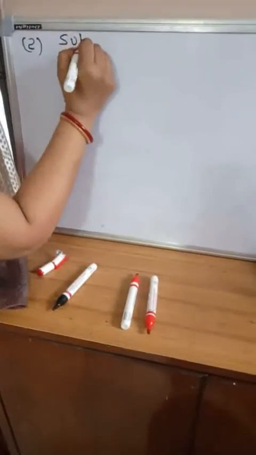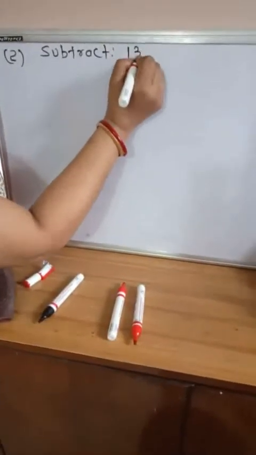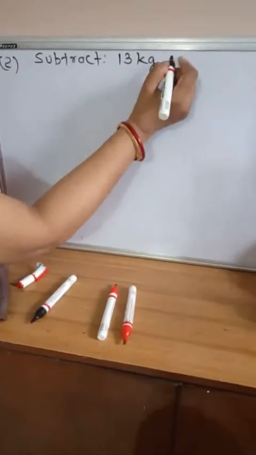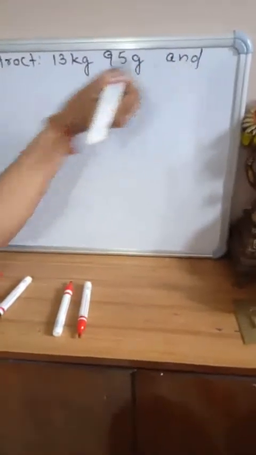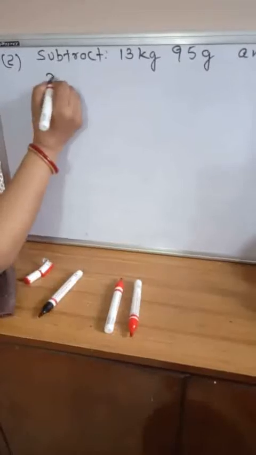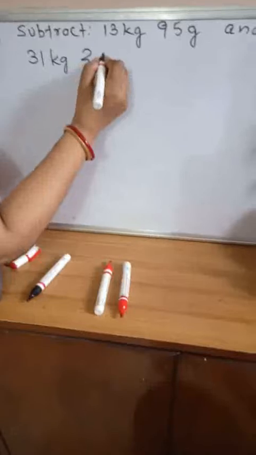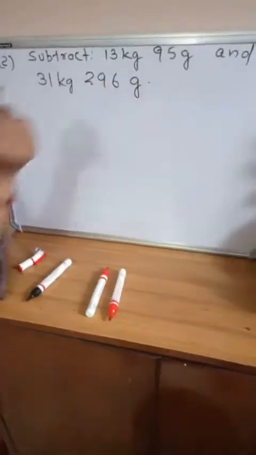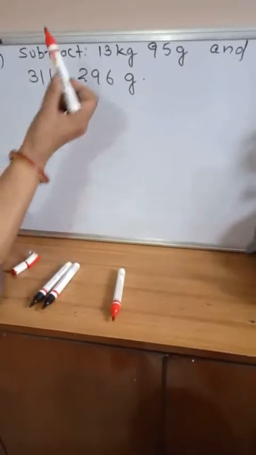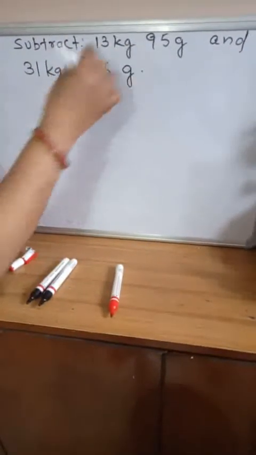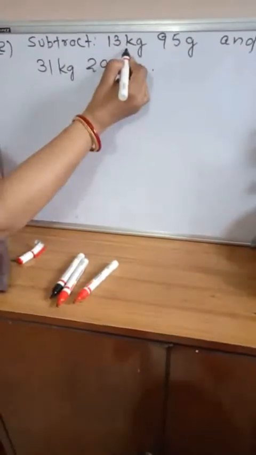Subtract 13 kilogram 95 gram from 31 kilogram 296 gram. Firstly we have to decide which one is more, children. We decide with the greater unit, kilogram.